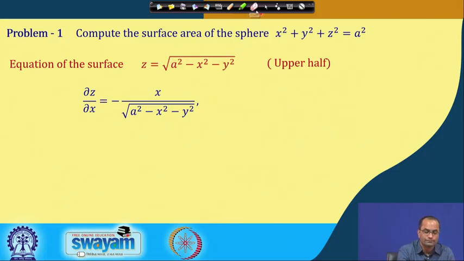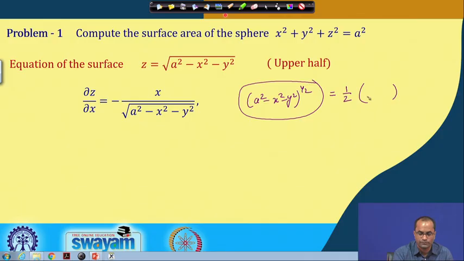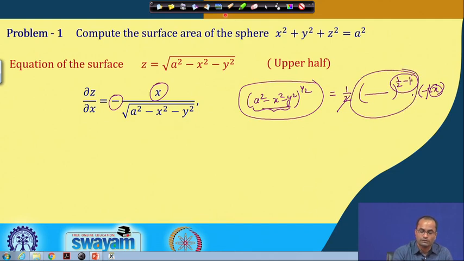So, we have (a squared minus x squared minus y squared) to the power half, and when we differentiate this with respect to x, we will get half the same expression, with power 1/2 minus 1, so this is minus half here, and then the derivative of a squared minus x squared minus y squared with respect to x will be minus 2x. So, this 2 will get cancelled and we will have the minus sign, and this x in the numerator, and this power which is minus half here.